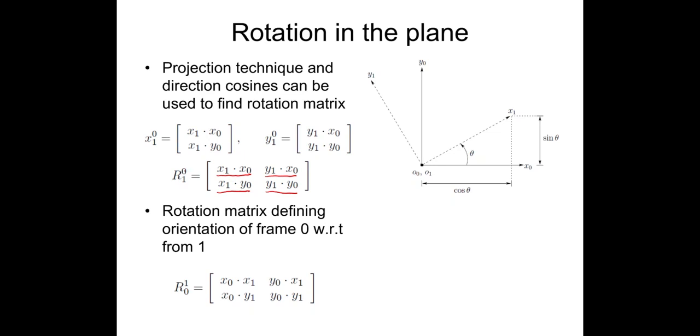Here, 0 is the reference, which means 1 is projected to 0. So 0 is the base, and we write x0, y0 here, and also x0, y0 here. So this is the definition, and this definition is very, very important. That is the projection by dot product.